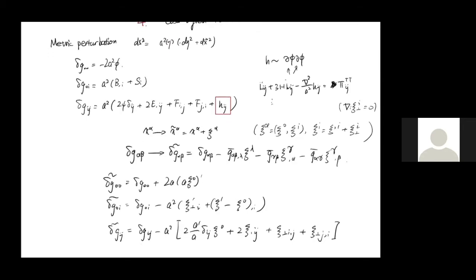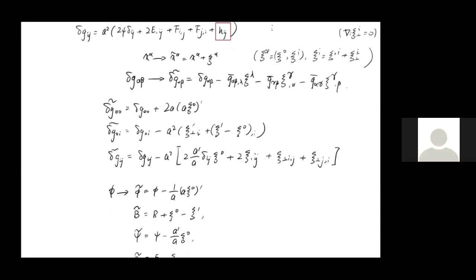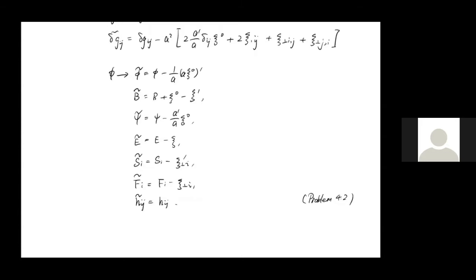So let's continue. We already have this kind of gauge transformation for all of these quantities. There are four degrees of freedom for the scalar type.